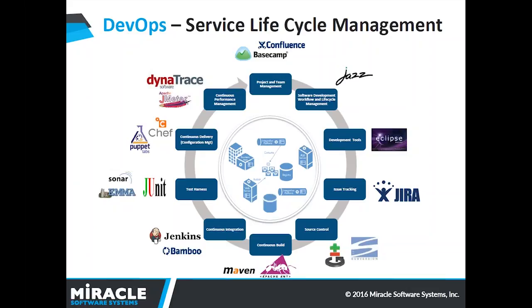We use tools from Atlassian like Confluence or Basecamp, and then IBM Jazz, which helps us do collaborative work. One of the tools we use under Jazz is IBM Rational Team Concert, which helps us collaborate between team members. Instead of exchanging emails for each and every defect, issue, and change, we collaborate and discuss those things on the platform provided by IBM under Jazz.